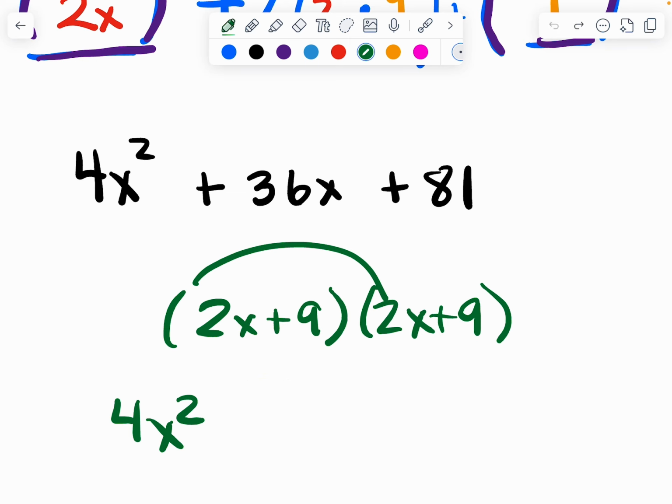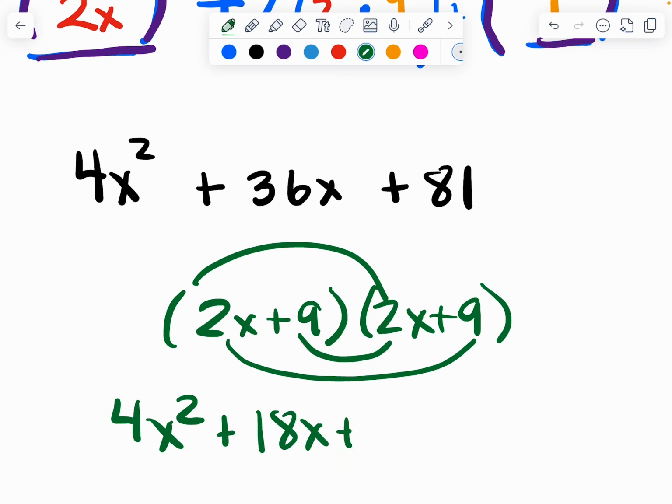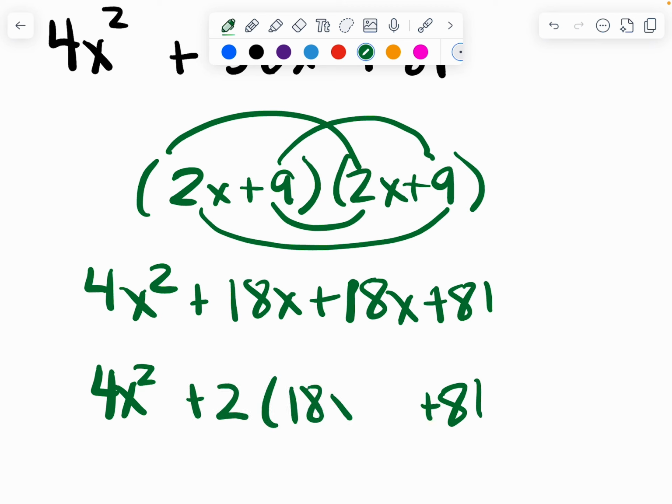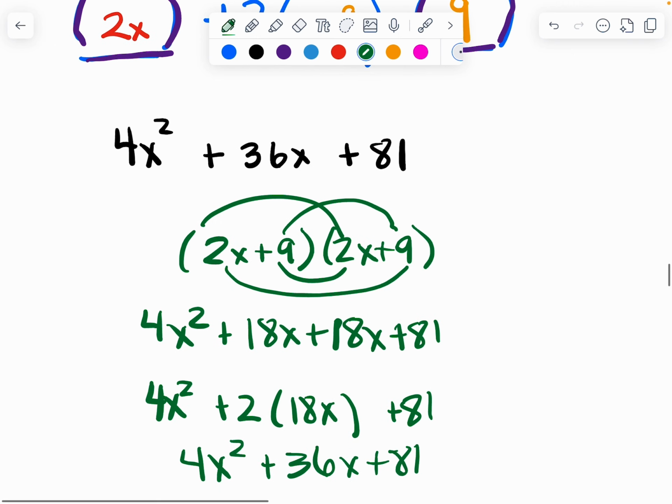This right there, I would get 18x. Here I would get 18x. Here I would get 81. So I have this perfect square, I have this perfect square, and in the middle I have two 18x's, which gets me 4x squared plus 36x plus 81, which is what was right there.